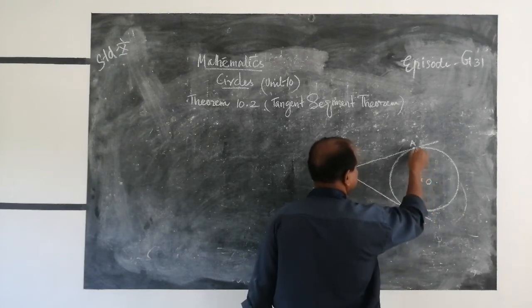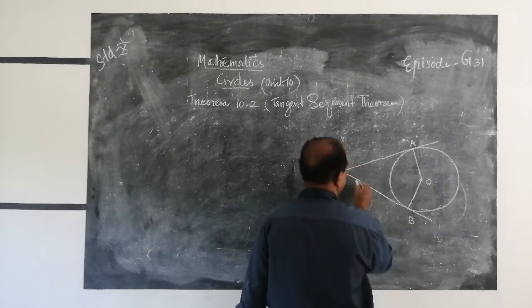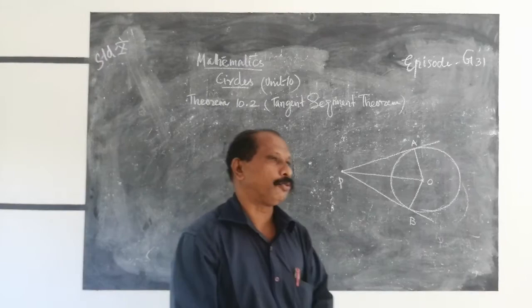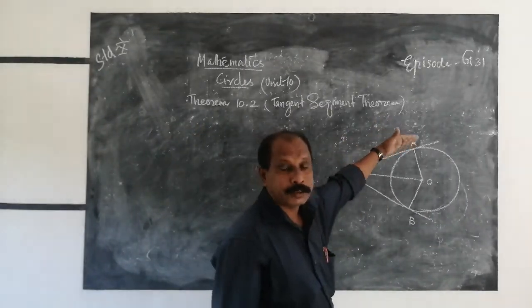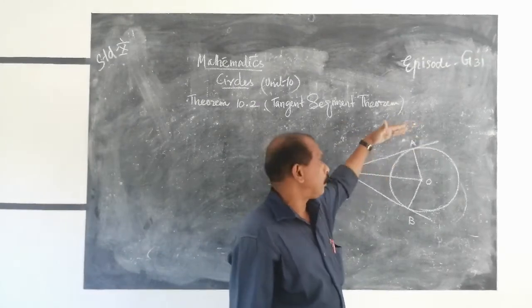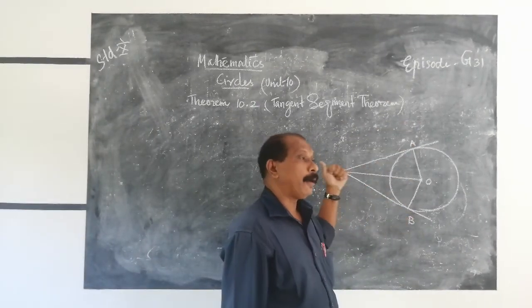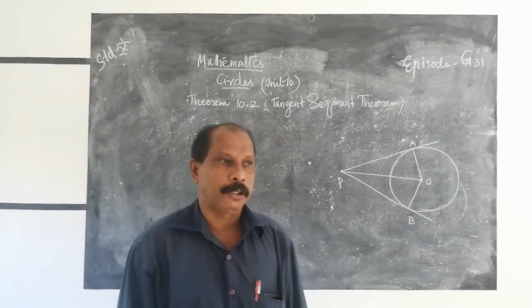O is the center of the circle, OA and OB are radii, and OP is the distance of that point from the center.